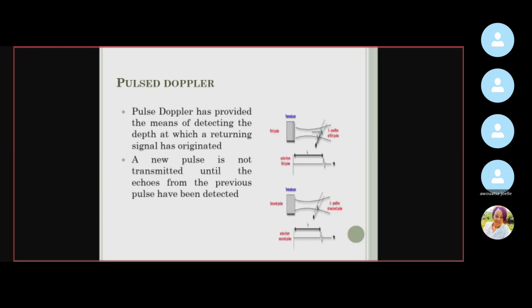So only one pulse is transmitted, and unless that pulse is received back, we will not get the information. Unlike the continuous wave, where both receiver and transmitter work continuously, here, once a pulse is given, we have to wait till that pulse returns back.